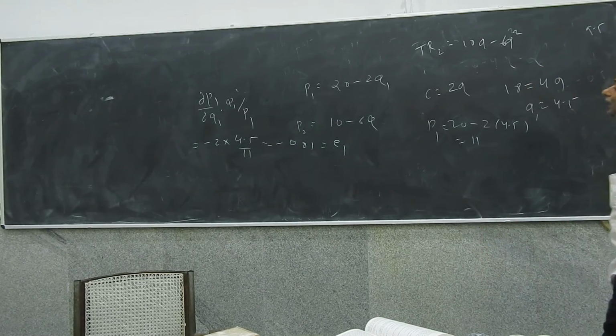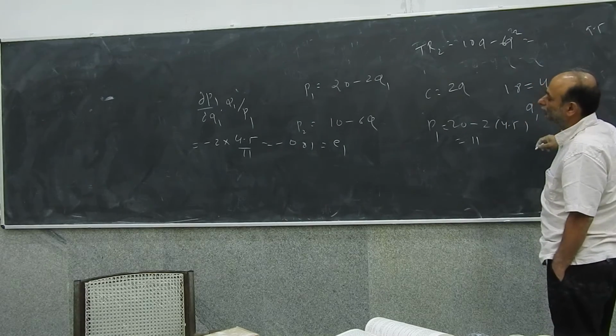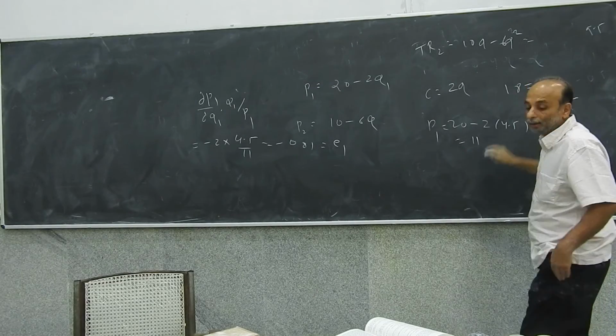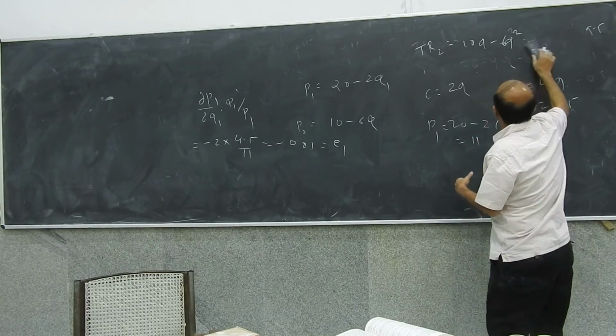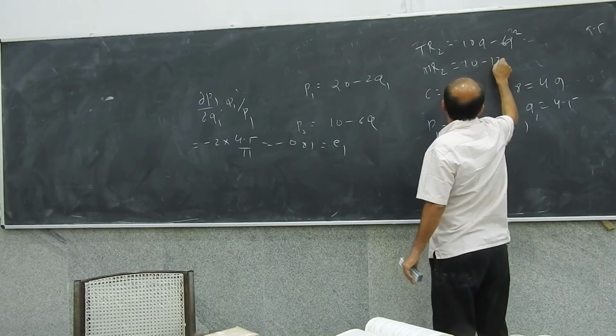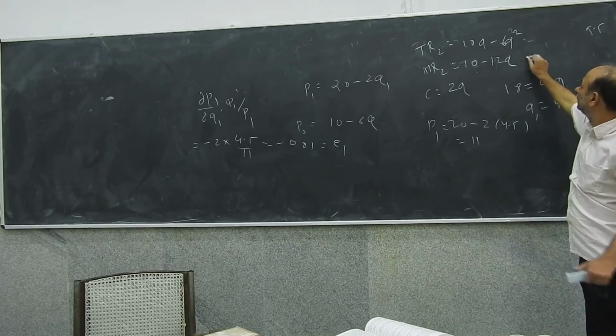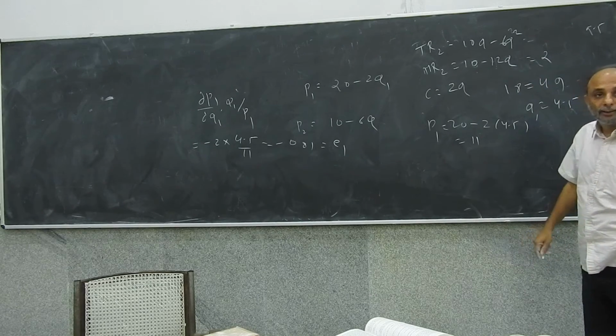And what does that have to be equal to? MR2, which is 10 minus 12Q, has to be equal to marginal cost, which is 2.